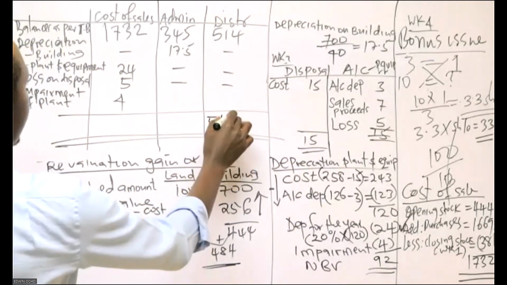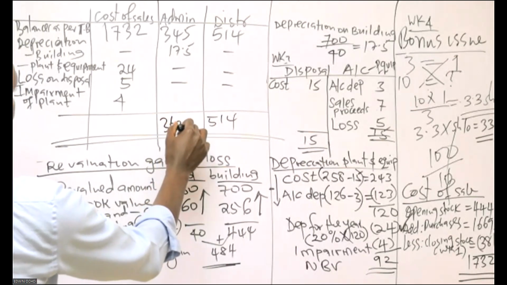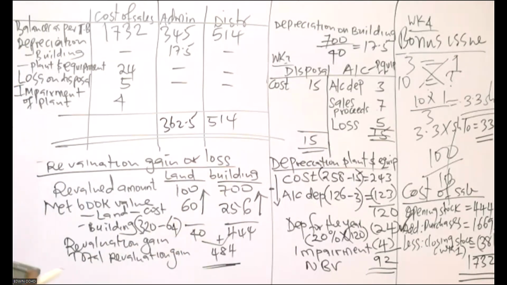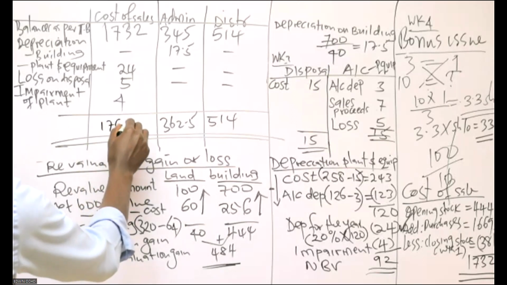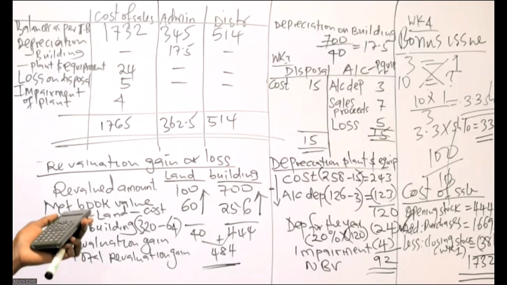So this is 514. 345 plus 17.5, what are we getting? 362.5. 1732 plus 24 plus 5 plus 4, 1765.